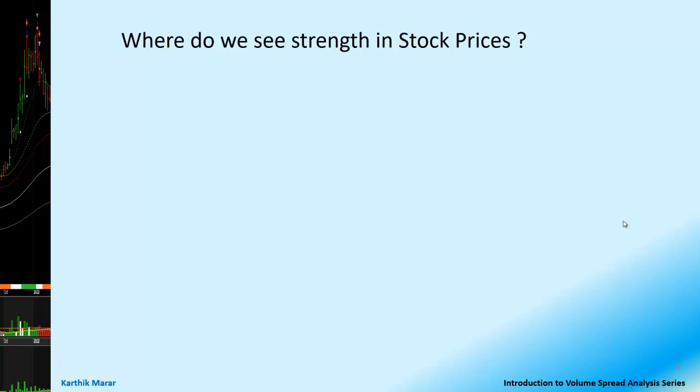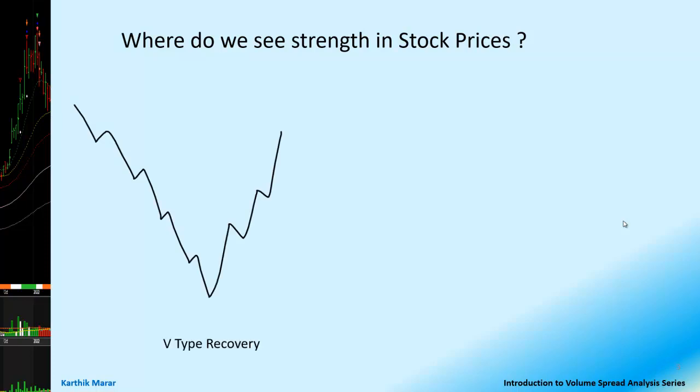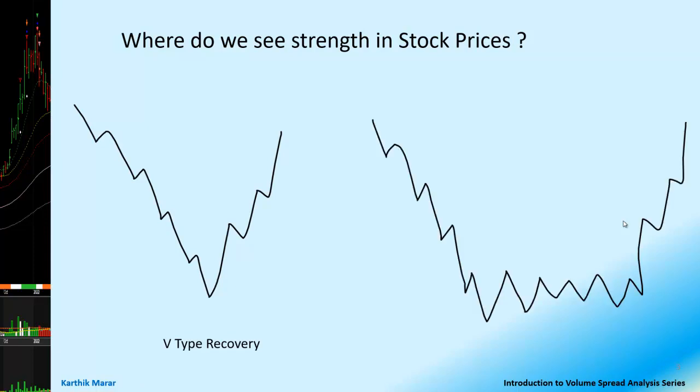For that, let's first look at the stock structure in a downtrend. There are two ways a stock can recover: a V-type recovery, or it can recover from a downtrend after some consolidation.